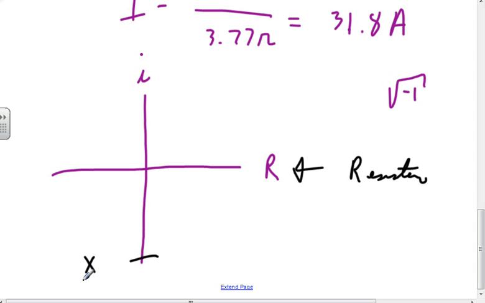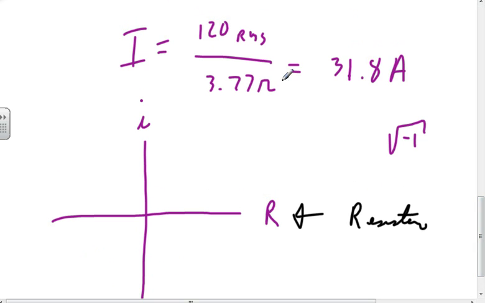My inductive reactance, X of L, is on the imaginary axis, so it's going to be at an angle of minus 90 degrees. When I divide that out, I'm going to get an angle of 90 degrees. So if the voltage has an angle of 0 degrees, which it did in my last example, the current is 90 degrees out of phase. It's not going to start going up until I get to 90 degrees, which is what happened in my last example.